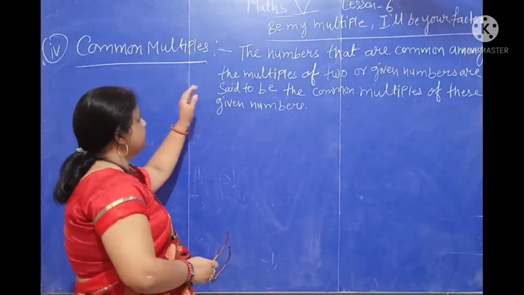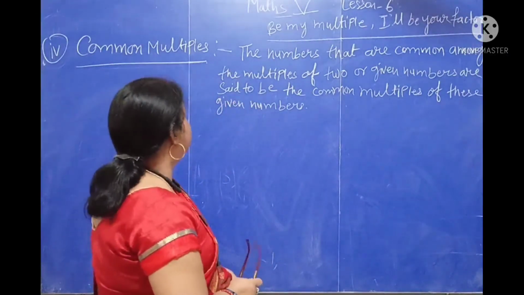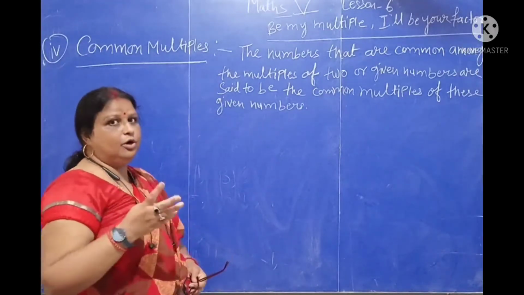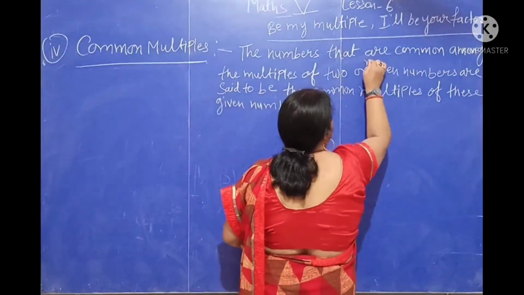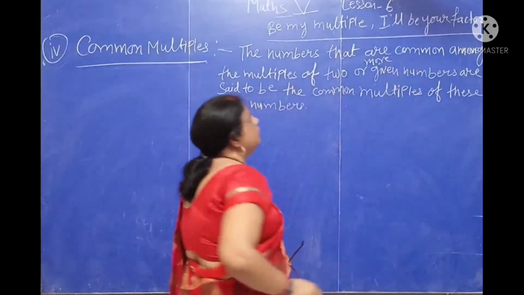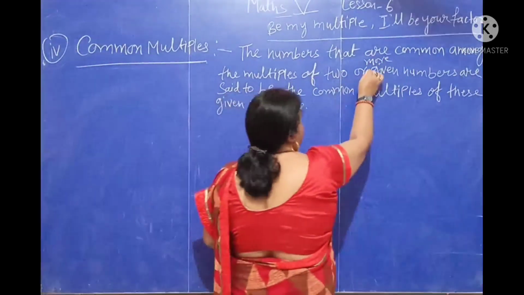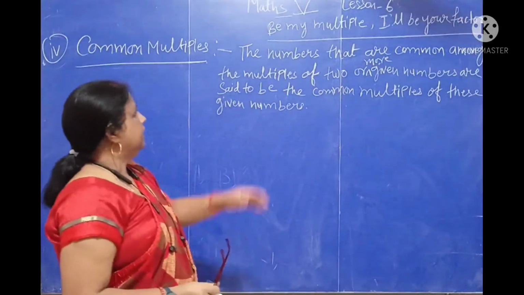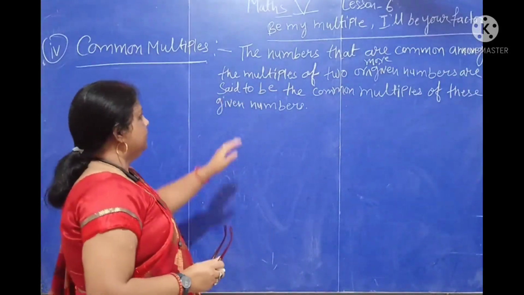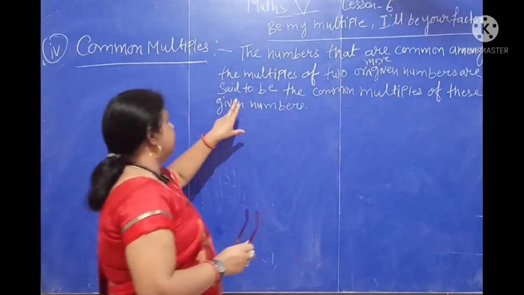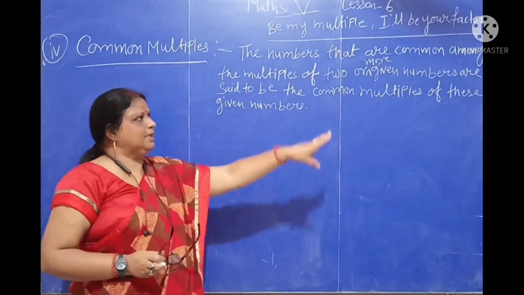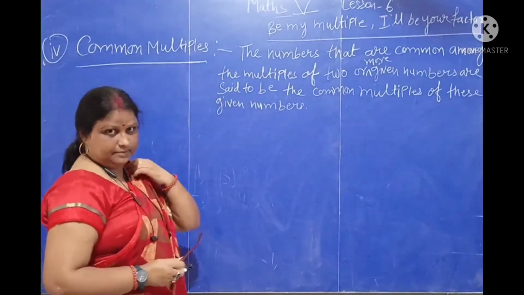Common multiples are the numbers that are common among the multiples of two or more given numbers. The numbers that are common among the multiples of two or more given numbers are said to be the common multiples of these given numbers.